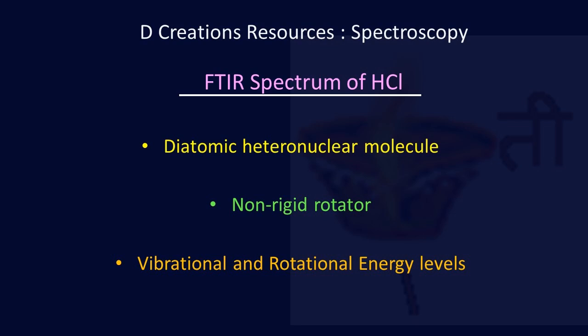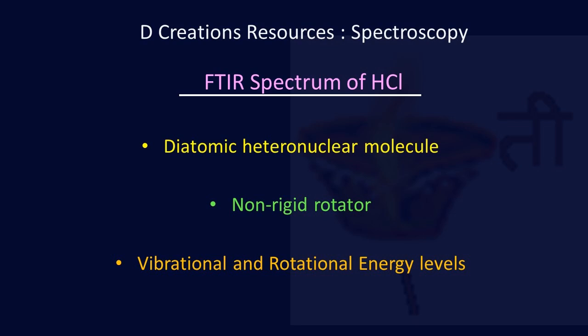And as mentioned earlier, because chlorine has two common isotopes, there will be a set of peaks for each. The HCl molecule containing chlorine 35 will have a slightly higher frequency, that means shorter wavelength HCl stretch, than the one containing chlorine 37.